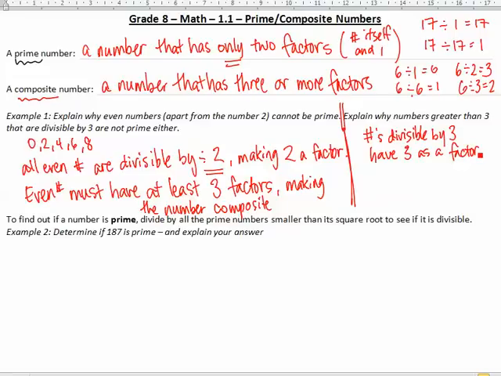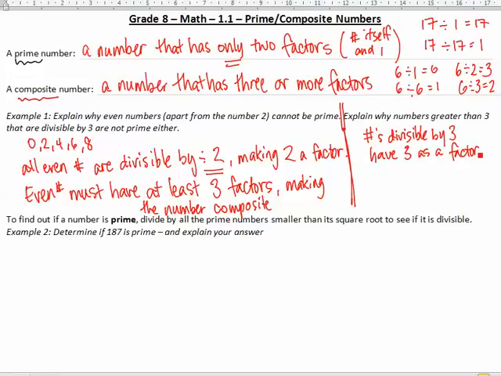Meaning that original number must have at least 3 factors again. It must have the number 1, itself, the number 3 as a factor because it's divisible by 3, and actually its partner. So whatever 3's partner is in the factor rainbow, that's also a factor. So it can't be prime again. It has at least 3 factors, possibly even 4 factors.